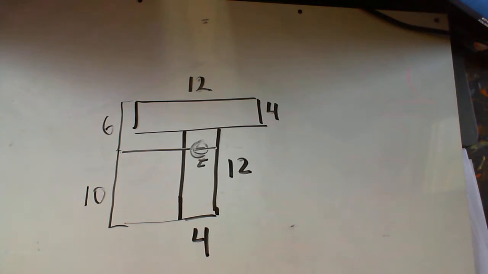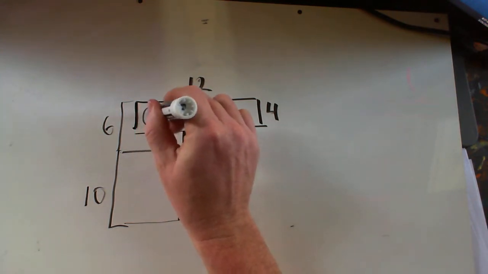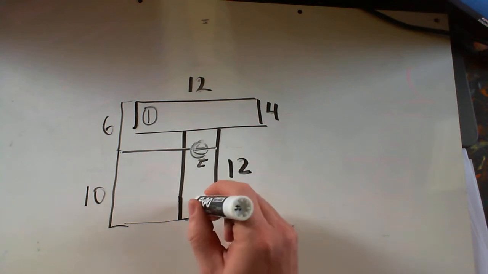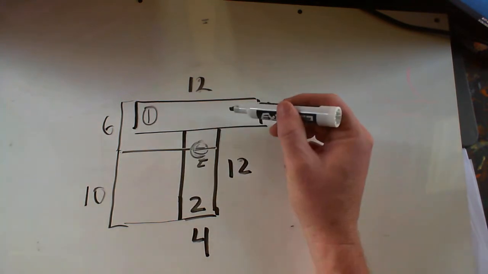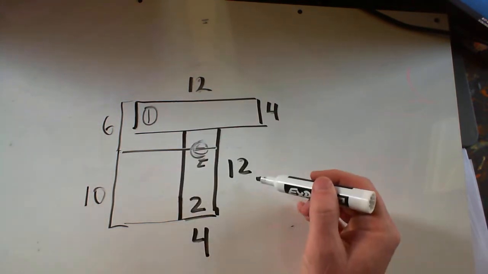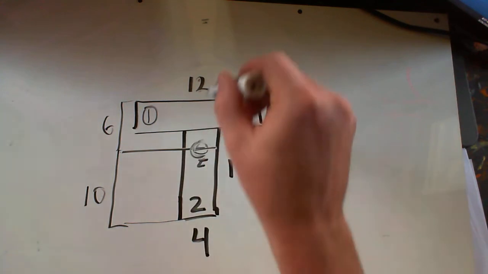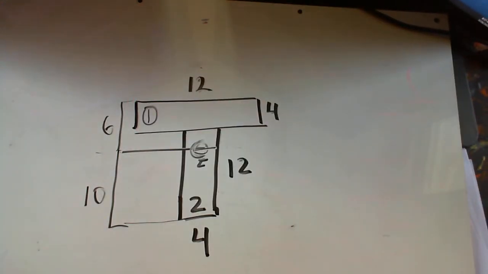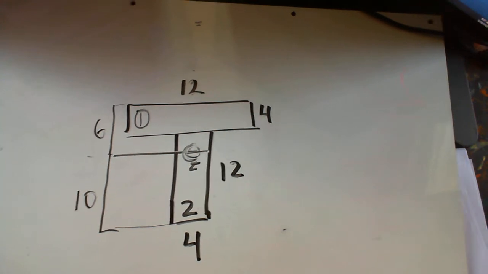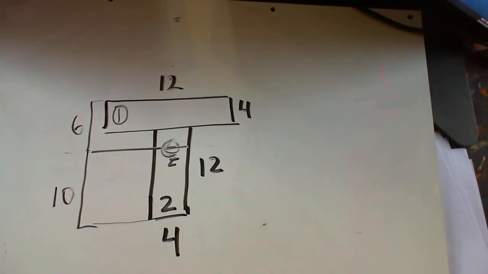We're going to have this is shape 1 and this is shape 2. We are going to apply the information from the last section to each one of these two shapes. In other words, we will work this top shape 1 individually, and then we will work shape 2 individually.